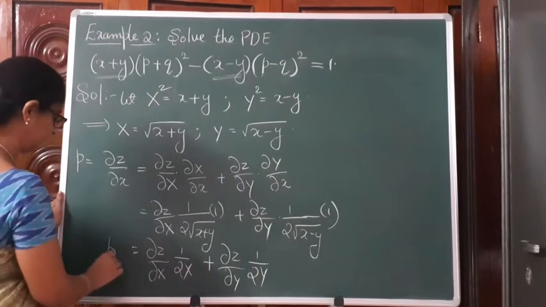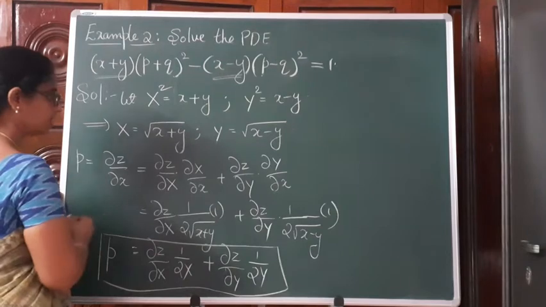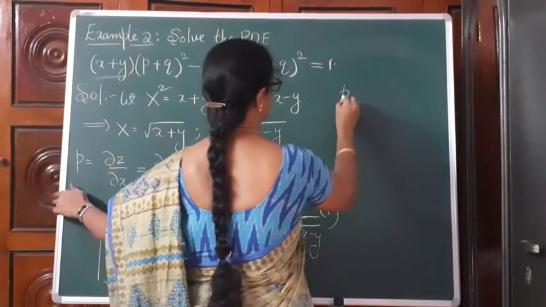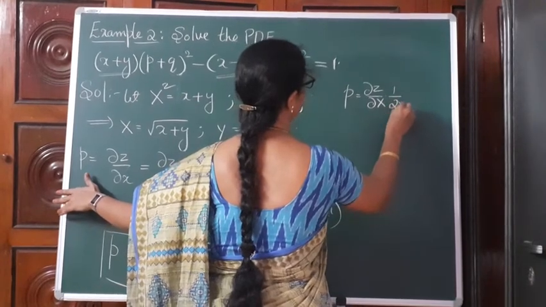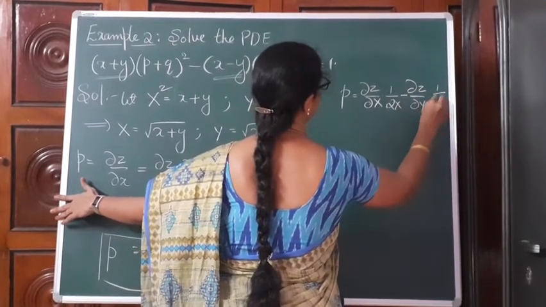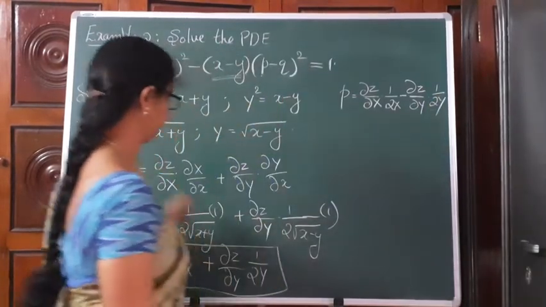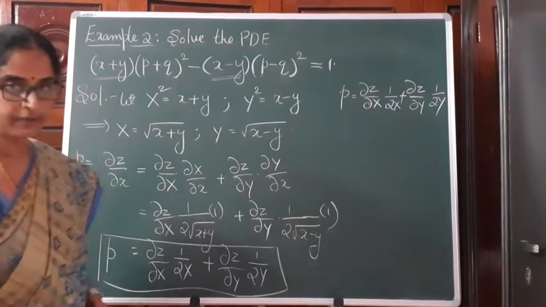So this is P. Now similarly, we derive Q.